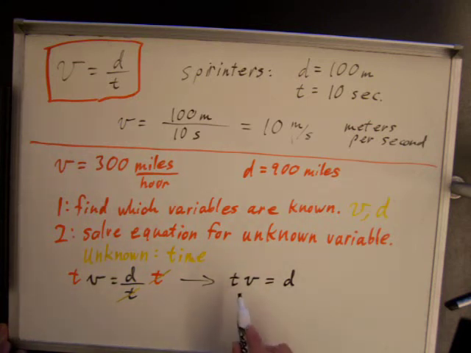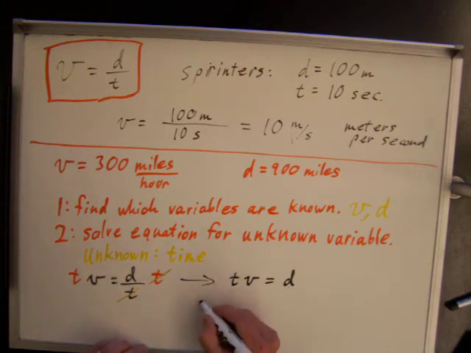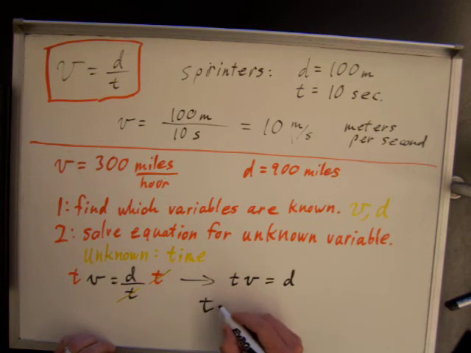Well, I have to do the same thing on the left-hand side of the equation that I do on the right-hand side of the equation. So what I'll do is divide both sides of the equation. So let me do that. t v equals d.